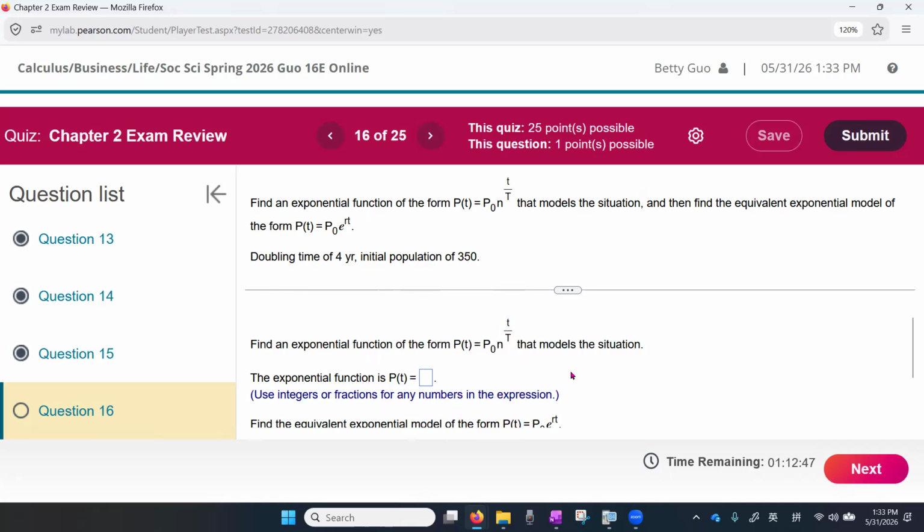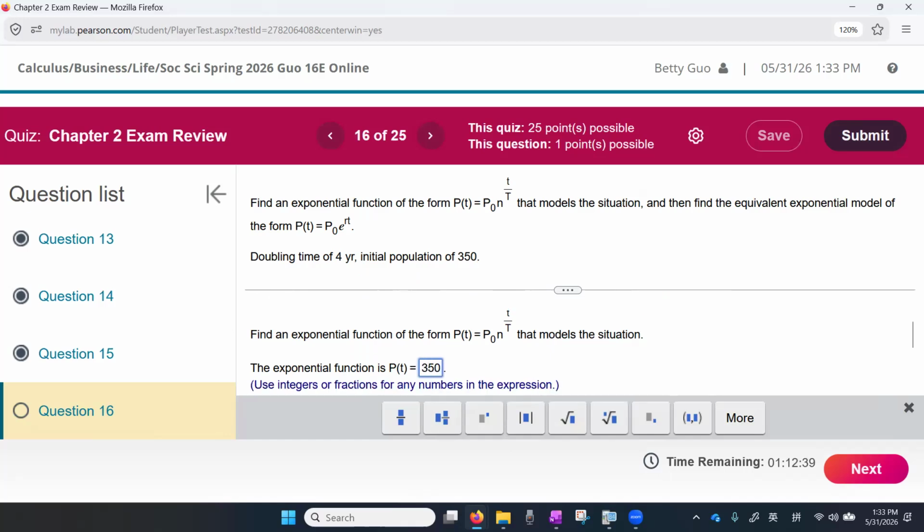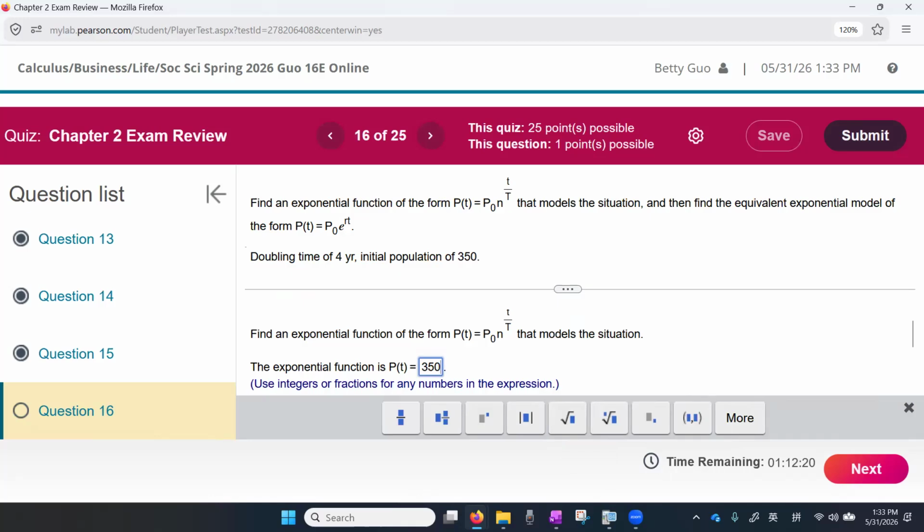So we're going to enter this as initial population 350, 2 to the power, and it has a dot as multiplication, ideally.